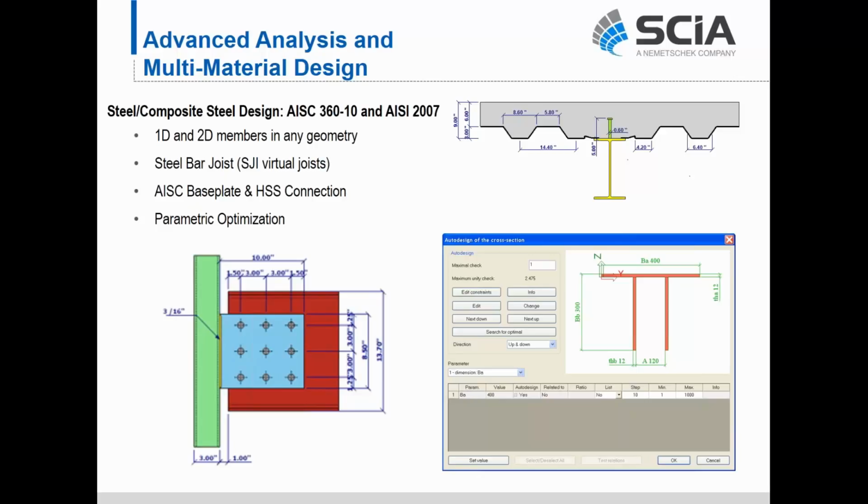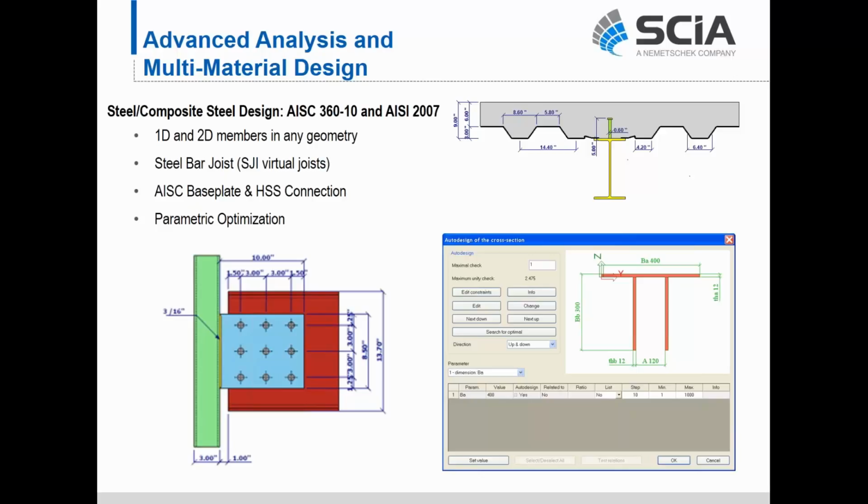We also provide a base plate and connection design calculation. SCIA is actually customizable through another program called Design Forms. And this AISC baseplate and HSS connection are available for free download from our website. That's a standalone design form calculation, but beyond that, you have the ability to purchase design forms, create your own calculations, and then link them back into SCIA Engineer, thereby customizing it.